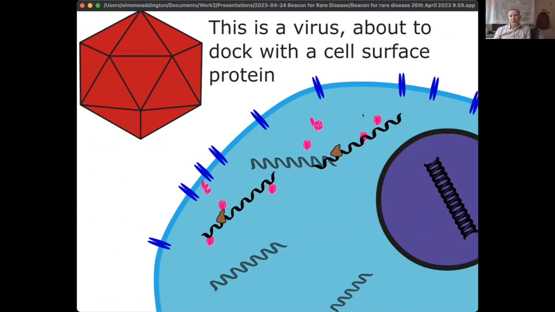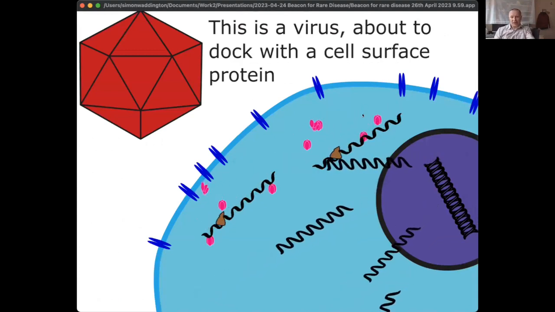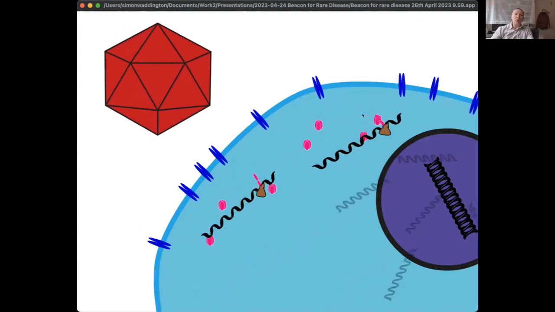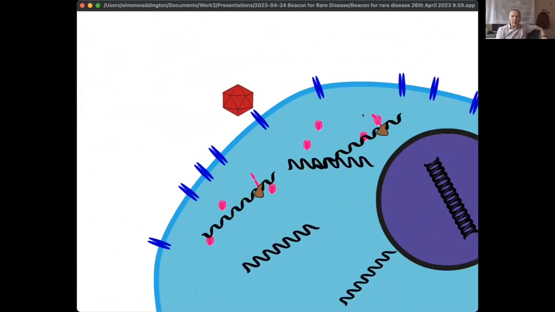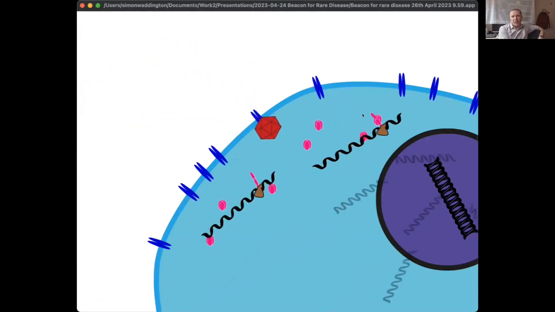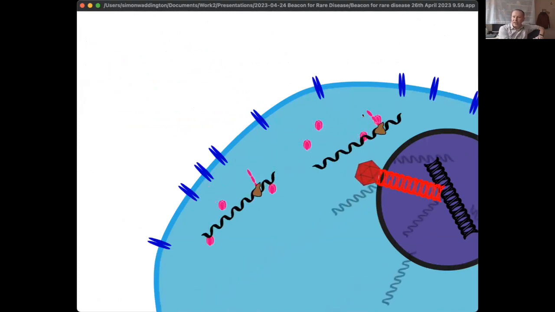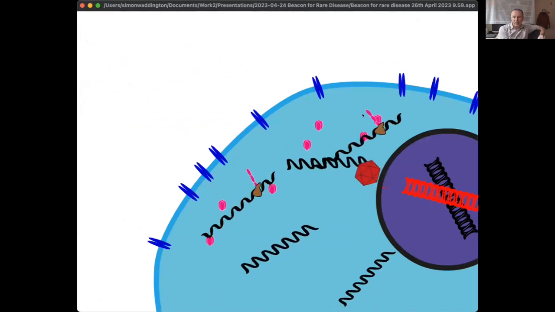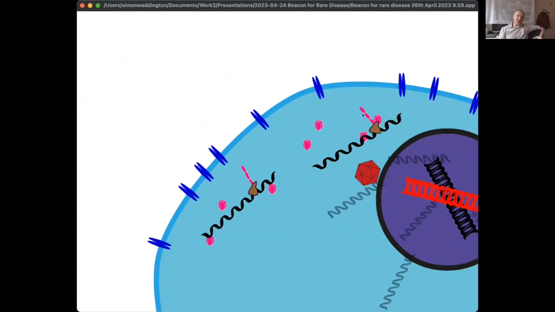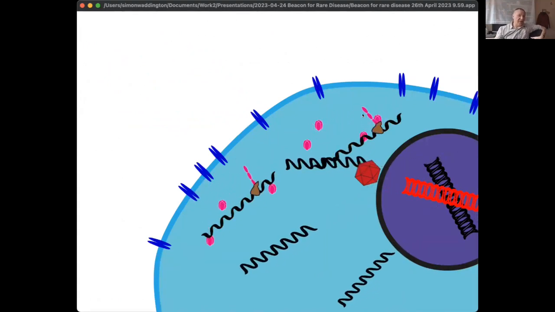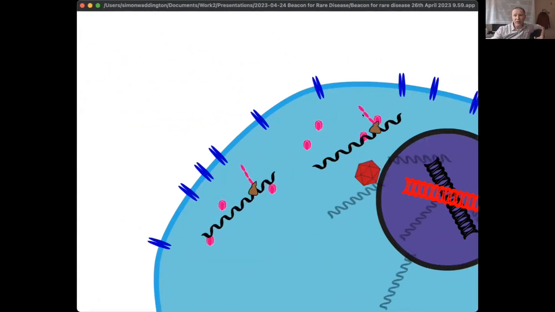They've co-evolved to essentially hijack our cells. You'll get a viral particle, and it will attach itself to the surface of the cell, and then it's able to transport itself and its genetic material into the nucleus of the cell. So now the virus has injected its genetic material into the nucleus.